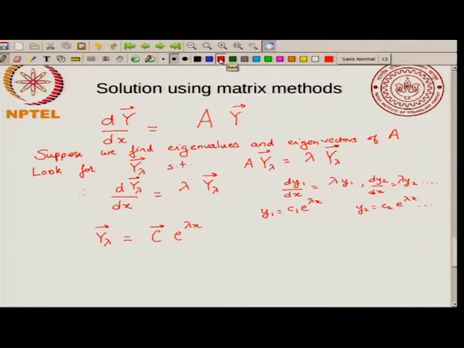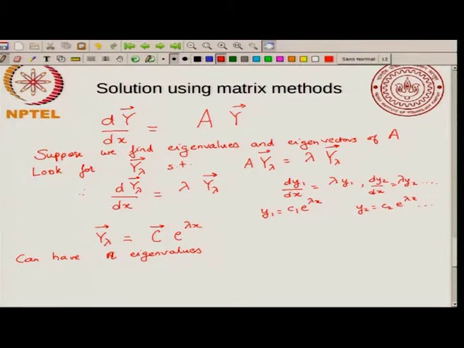If y has n components and A is an n by n matrix, then you can have n eigenvalues. In general, yes, it is correct that you can have n eigenvalues.